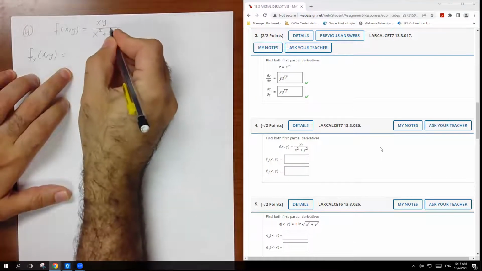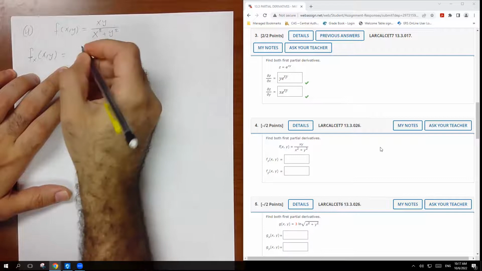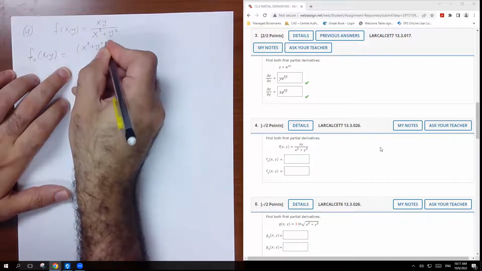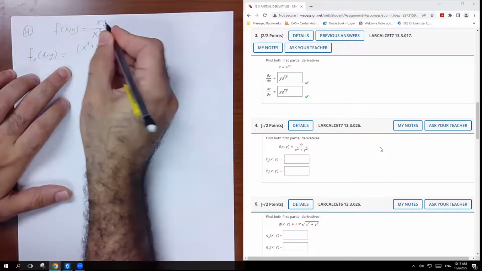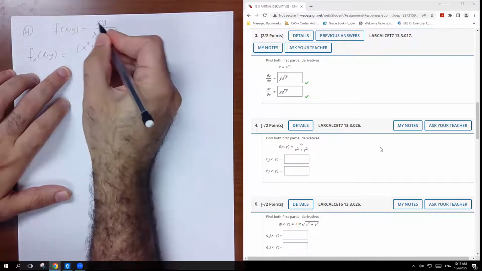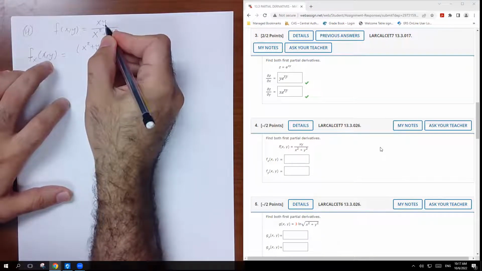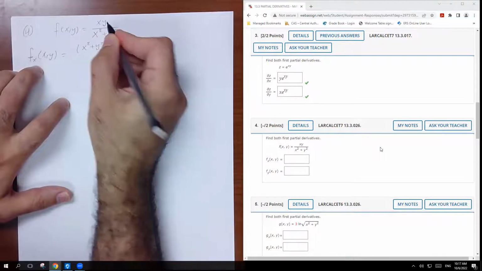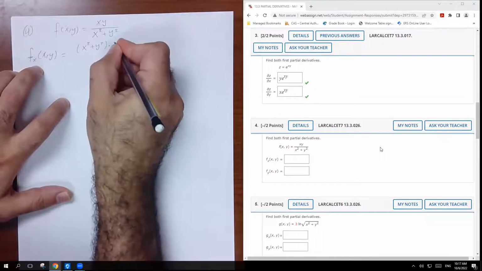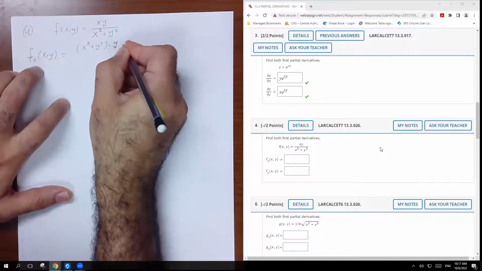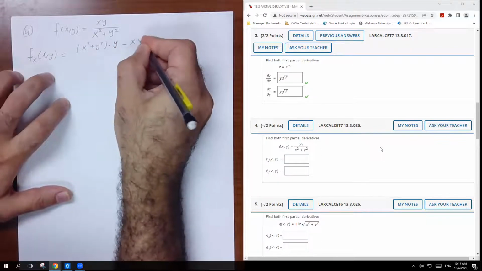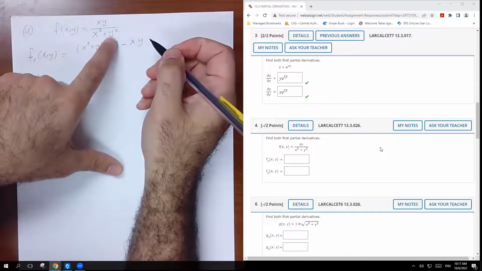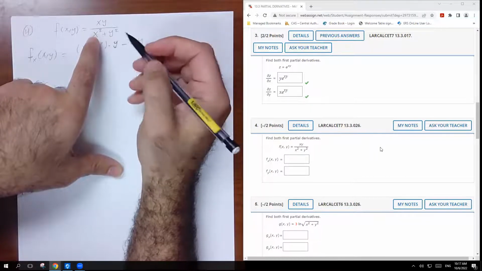You just have to refresh your memory about the quotient rule, which is the bottom part, x squared plus y squared, times the derivative of the top part with respect to x. That means the derivative of x is 1 times y, because y is a constant, so it's going to be y, minus the top part times the derivative of x squared plus y squared. We're going to do the derivative with respect to x.